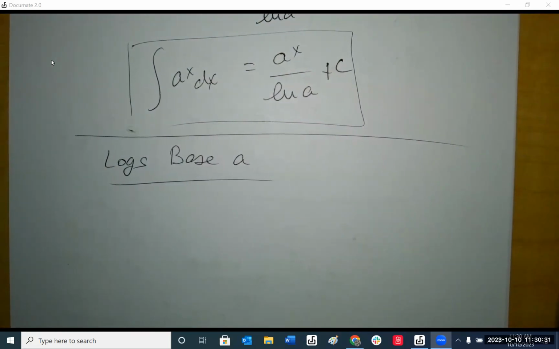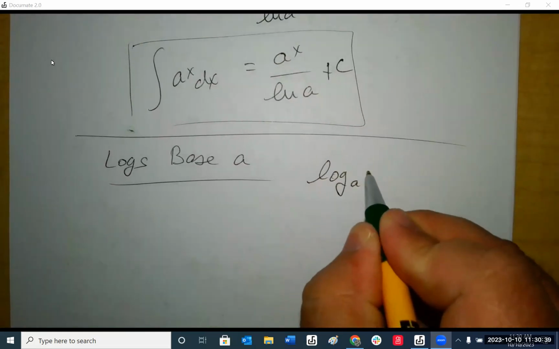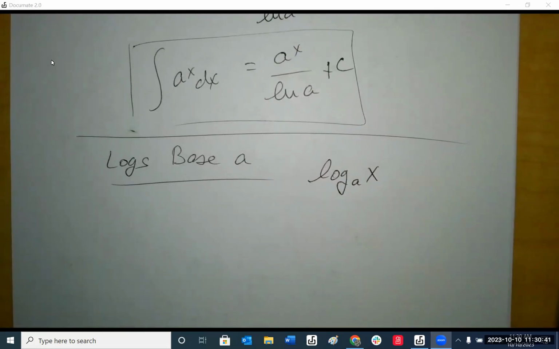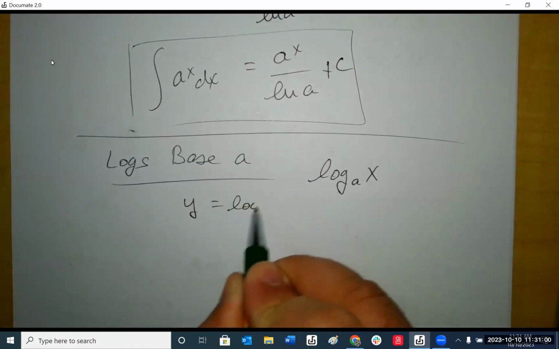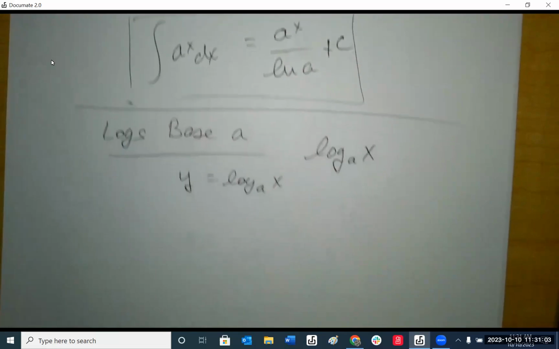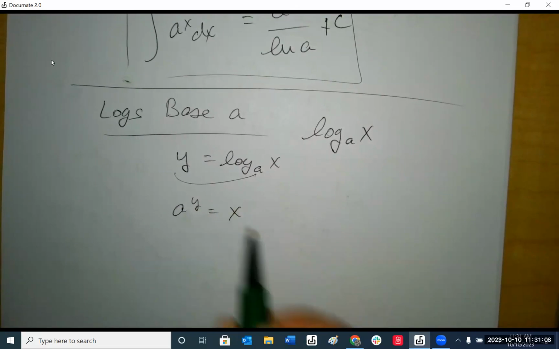We need to talk about log base a, in other words, any other base. So if y equals log base a of x, that means a to the power y equals x.